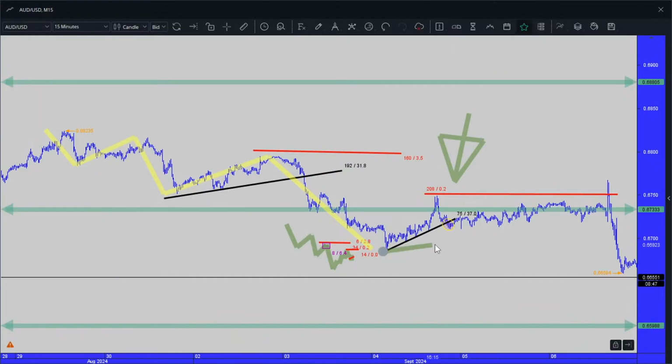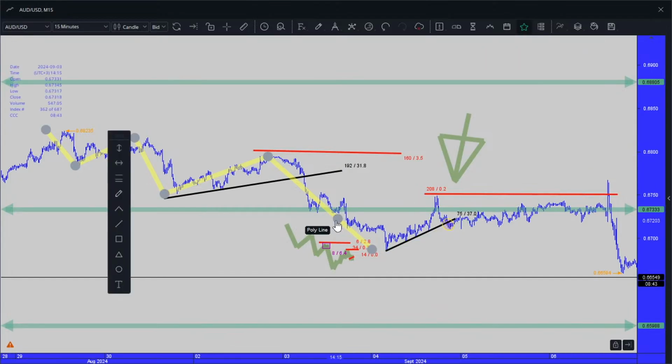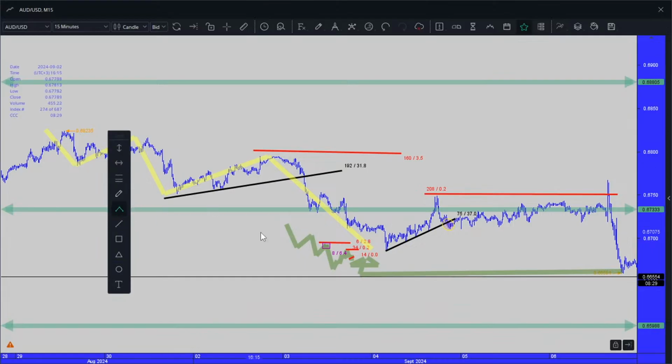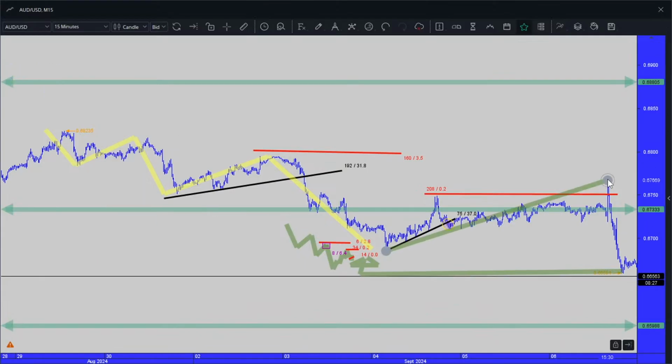So, give me a second, left click, and so now that the market made a lower low compared to this low, then this becomes the relevant high.